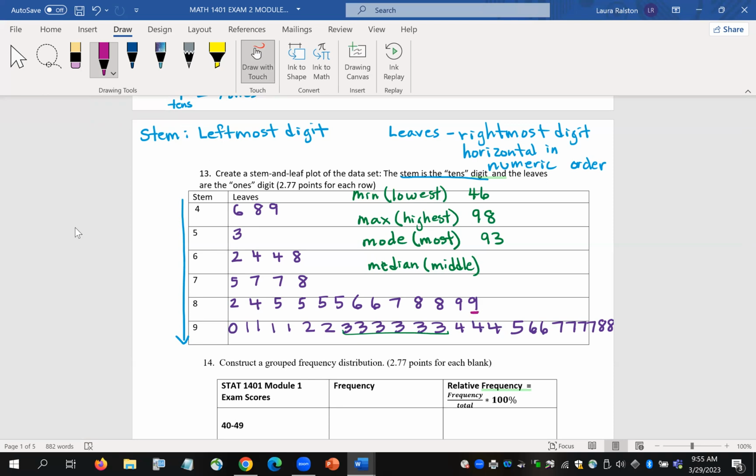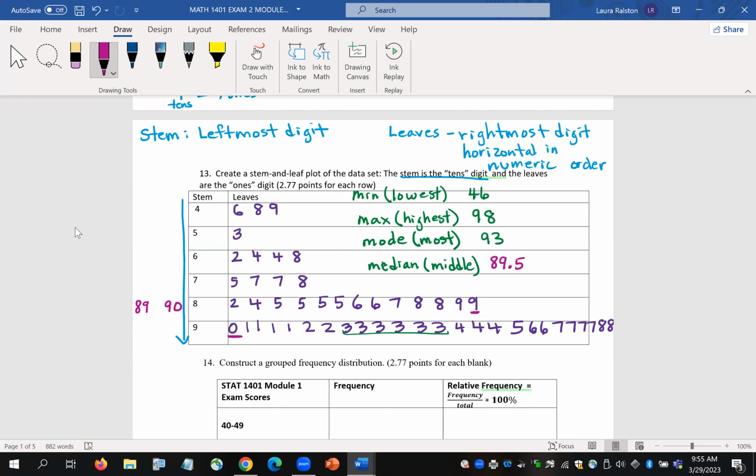Here's the 25th value and the 26th value. So my middle is between 89 and 90. Well, halfway between 89 and 90 is 89.5. So the median would be 89.5.